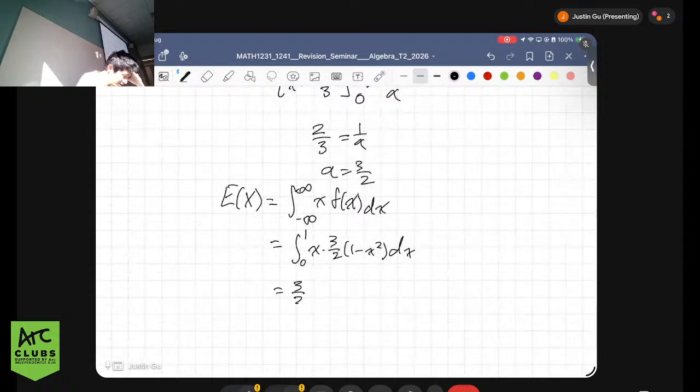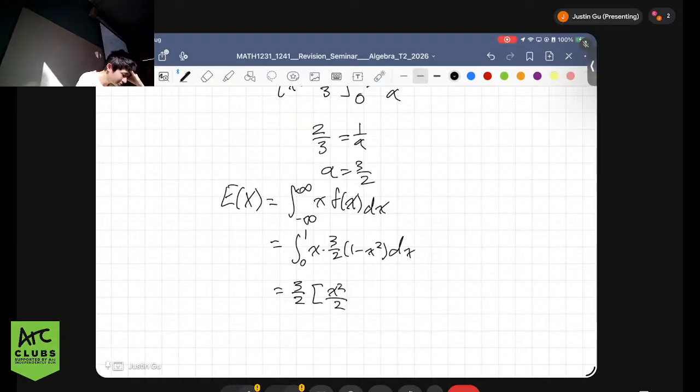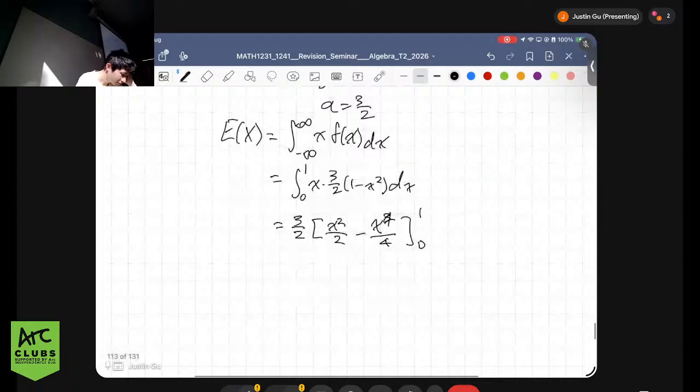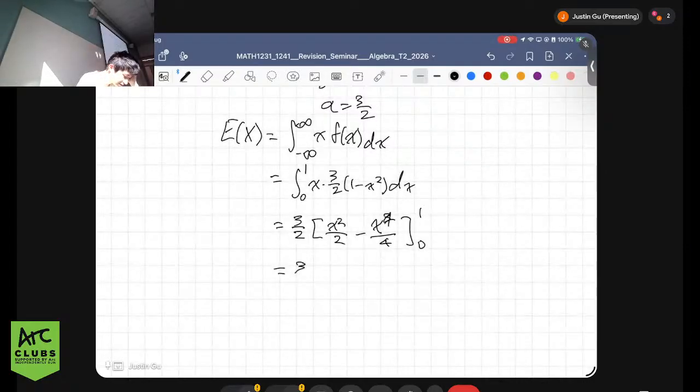Using the power rule, we get x squared on 2 minus x to the 4 on 4, evaluated at 1 and 0, which gives us 3/2 times 1/4, or 3 on 8.